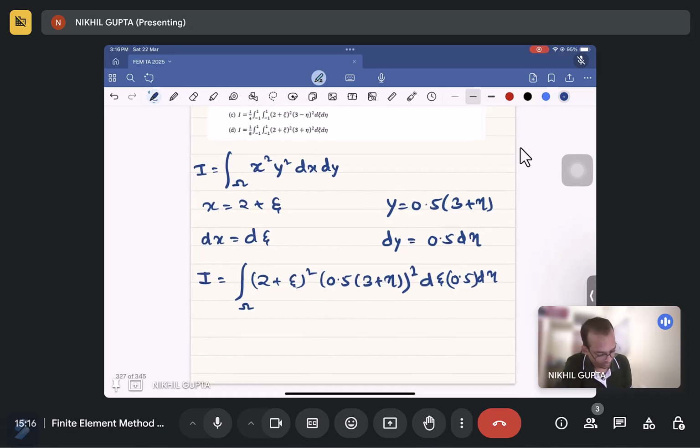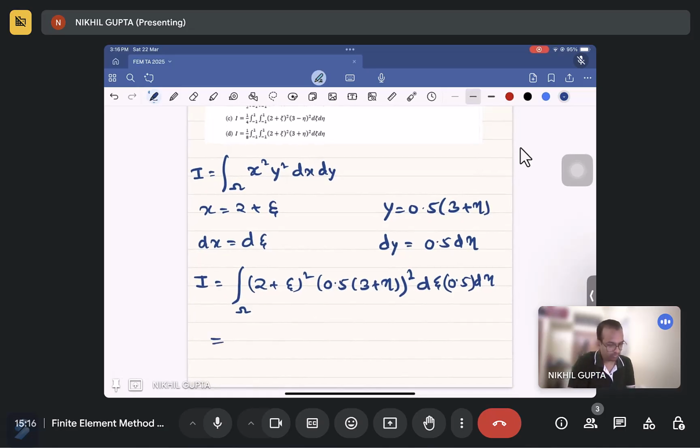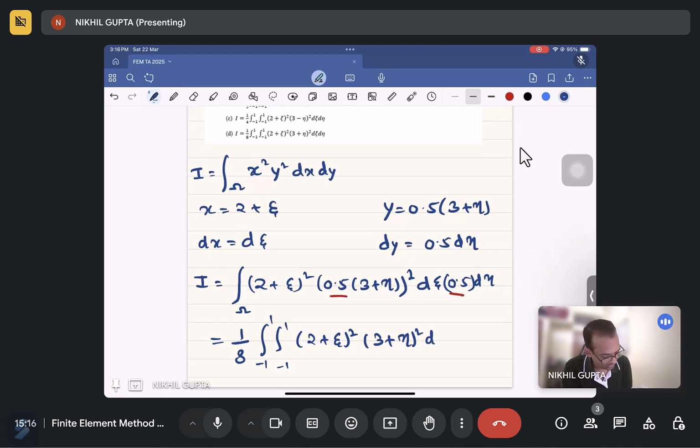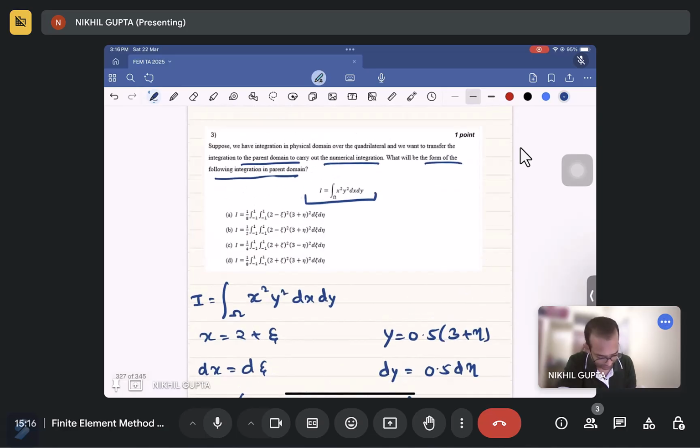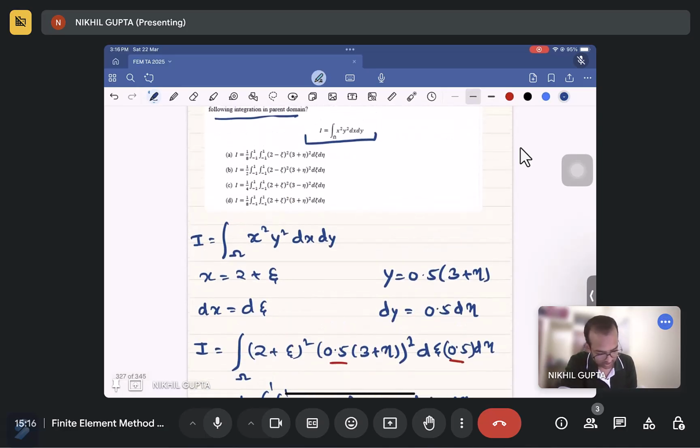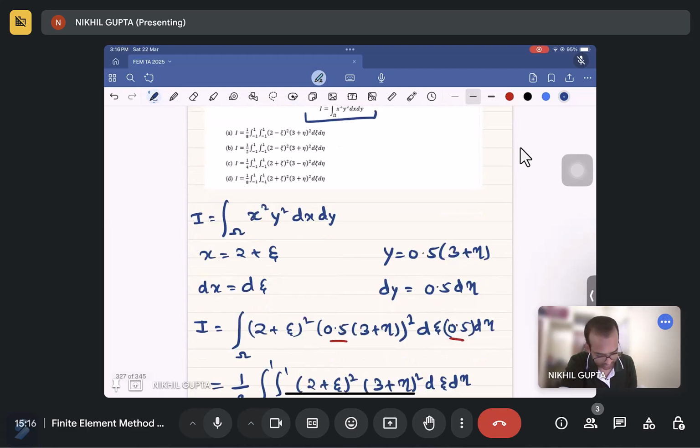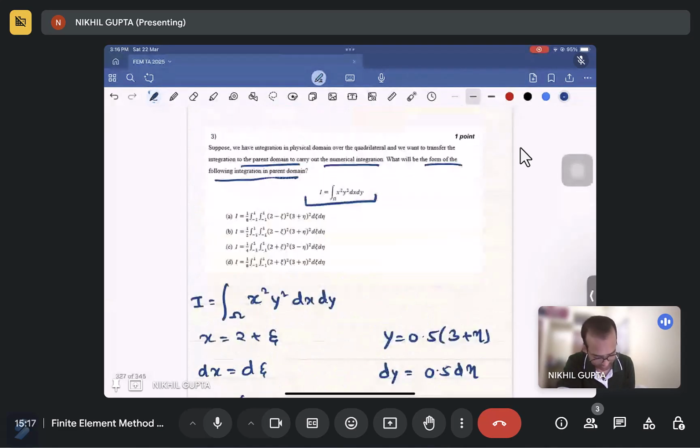Okay, so what we can see? We can see 0.5s are there, means 2 from here, 1 from here. So we can write 1 by 8 outside, and since there are two integrations, we can put two limits as -1 to 1, and this will be 2 plus xi whole square and 3 plus neta whole square d xi d neta. I think this is the form which is given in the answer. So the answer is D part.